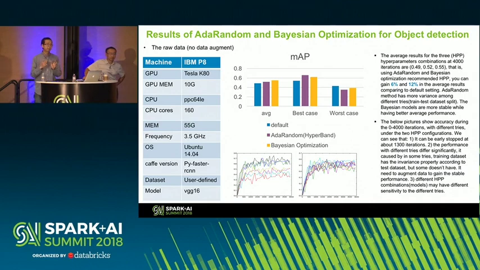So the Bayesian may be more stable, and that makes sense. Because the adaptive random search may have the best performance in the best case, but it will have low performance in the worst case.